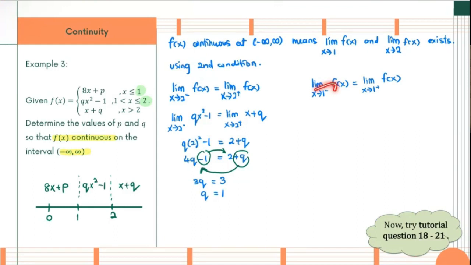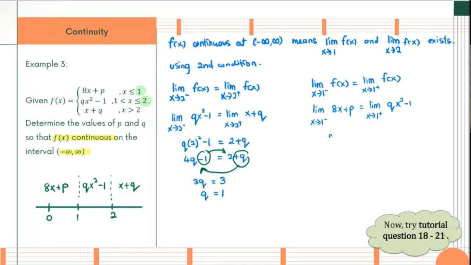Okay, so 1 from the left function kita adalah this one. So I have limit of x approaching 1 from the left untuk 8x plus p equals to limit of x approaching 1 from the right untuk qx squared minus 1.